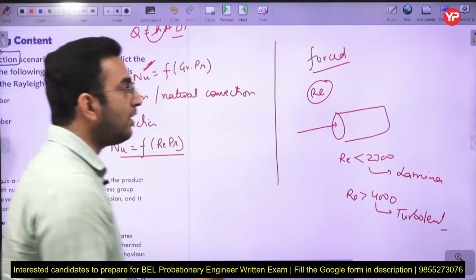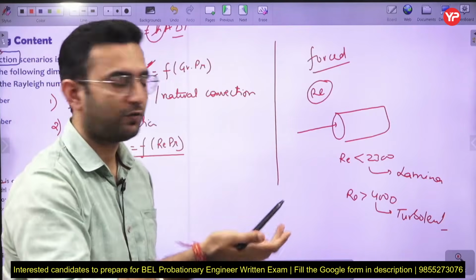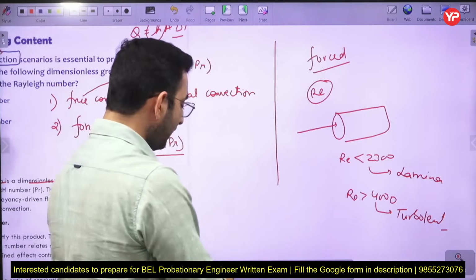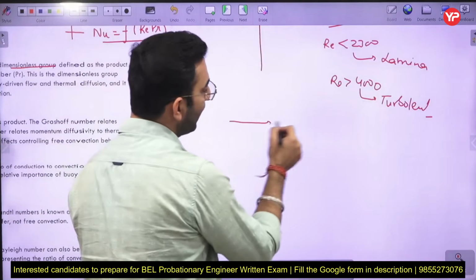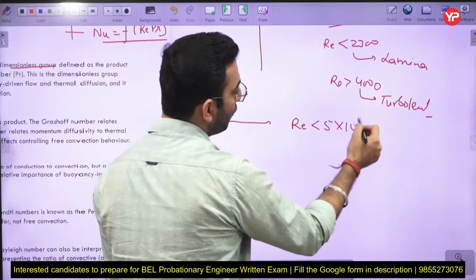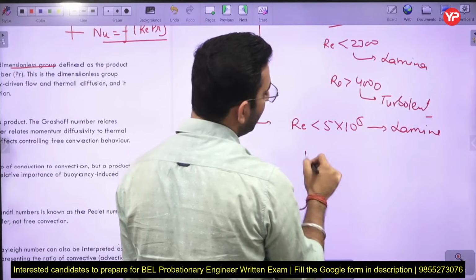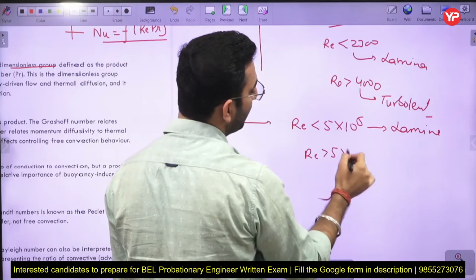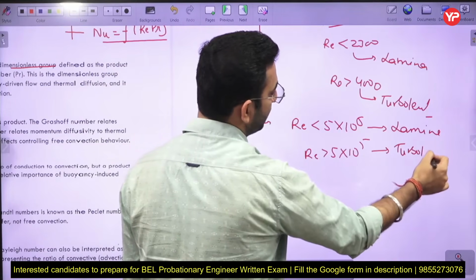Similarly, if you are studying forced convection for flow over a flat plate, in that case a Reynolds number less than 5 lakh characterizes the flow as laminar flow, and when the Reynolds number is more than 5 lakh, then we have a turbulent flow. Just remember this one.